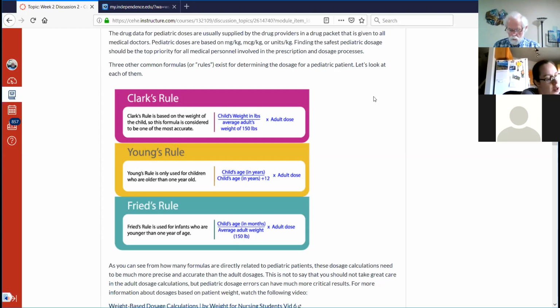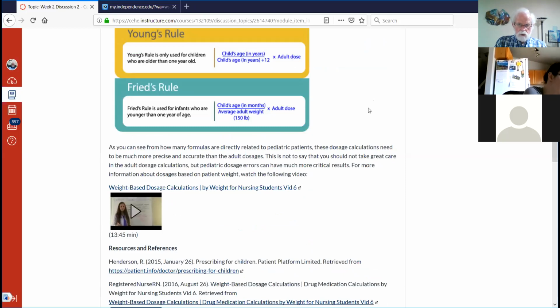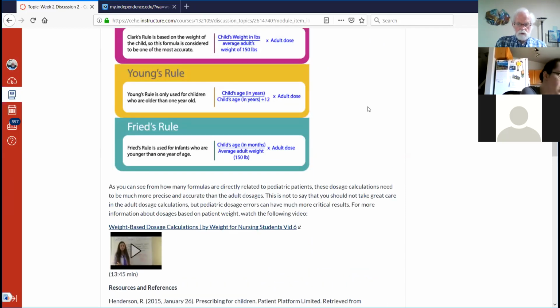And so the body surface area is in reality the most accurate measure of size differential between patients. That does not mean that these things are perfect, but they're pretty reasonable.